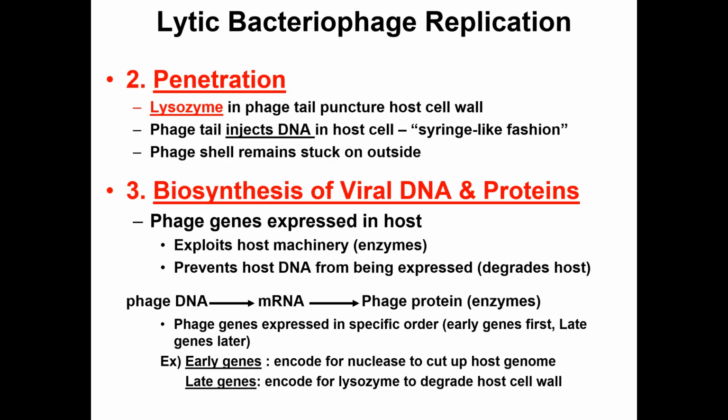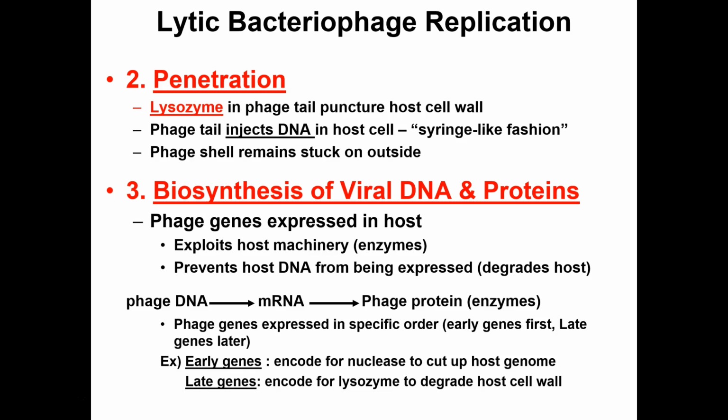But what they do all have in common is that once that viral genome's in the host cell, those genes must be transcribed and translated. So, viral DNA is transcribed into viral mRNA, which is then translated into viral proteins.